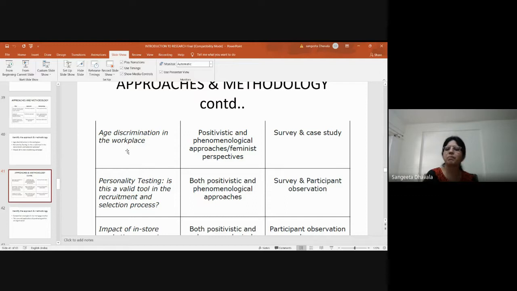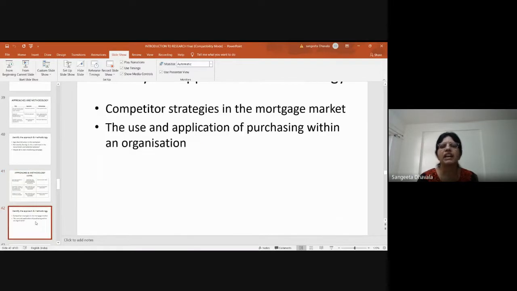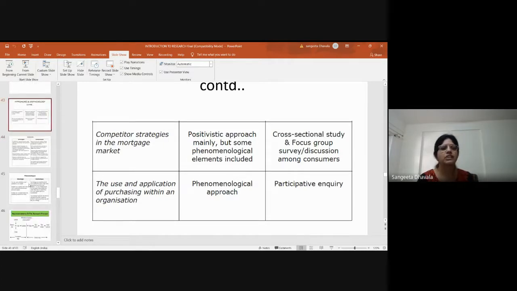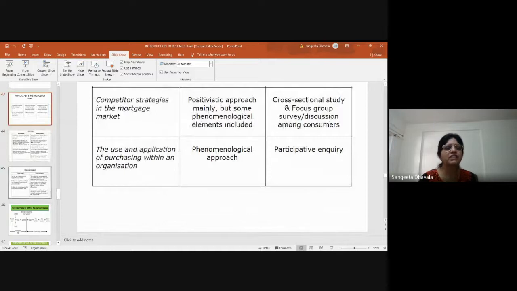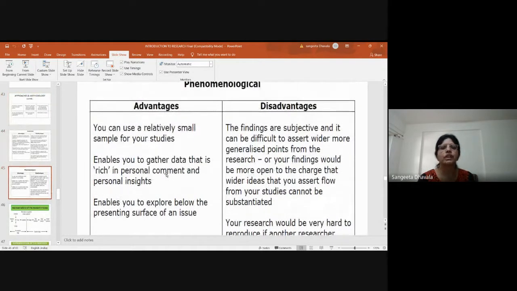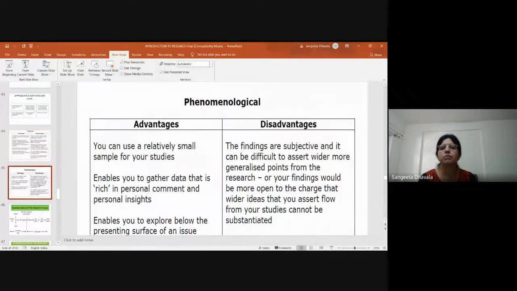You could make use of survey method or the case study method. So similarly, all these things also could be handled. These are certain examples that I have used. So what are the advantages if you use the positivist approach? And what are the advantages if you use the phenomenological approach?